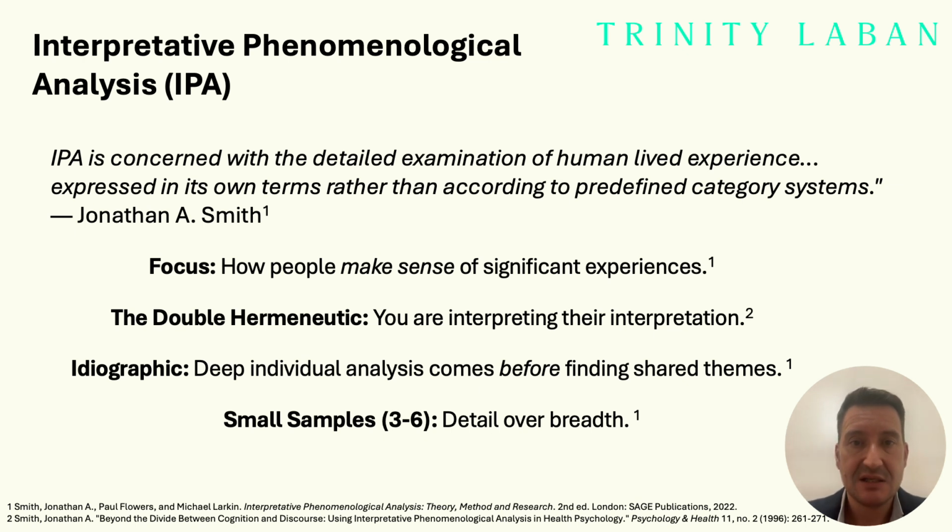Next, the teacher is trying to make sense of their burnout, and so they are the first interpreter. But then, as we've already discussed with Heidegger, we're going to assume that research itself is an interpretive act. The researcher is trying to make sense as well via their own sense-making. So this leads to a second level of interpretation.